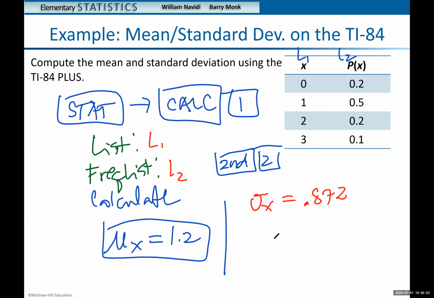And if I ask you, let's say, variance, all you have to do is square this, right? Any questions? Any questions? No.